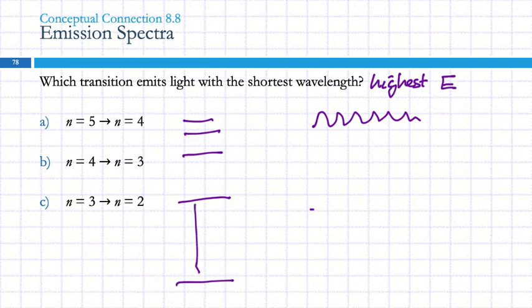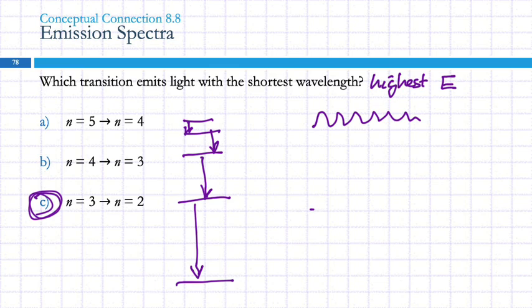So which is the bigger one? It would be this one, right? The one that's lower numbers. These are all a transition of one quantum number. So this would be the highest energy, the shortest wavelength.